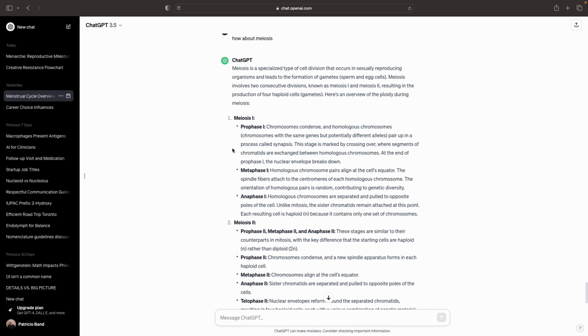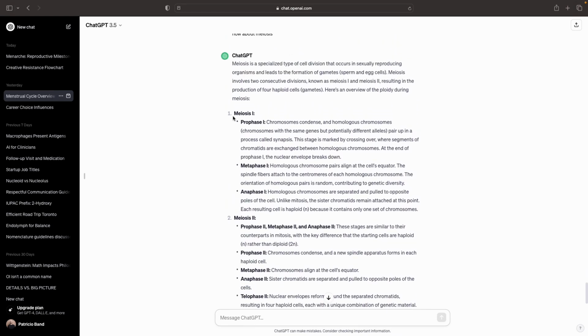The overview is prophase 1. The chromosomes condense and homologous chromosomes with the same genes but potentially different alleles pair up in a process called synapsis. This stage is marked by crossing over, exchange between chromosomes.